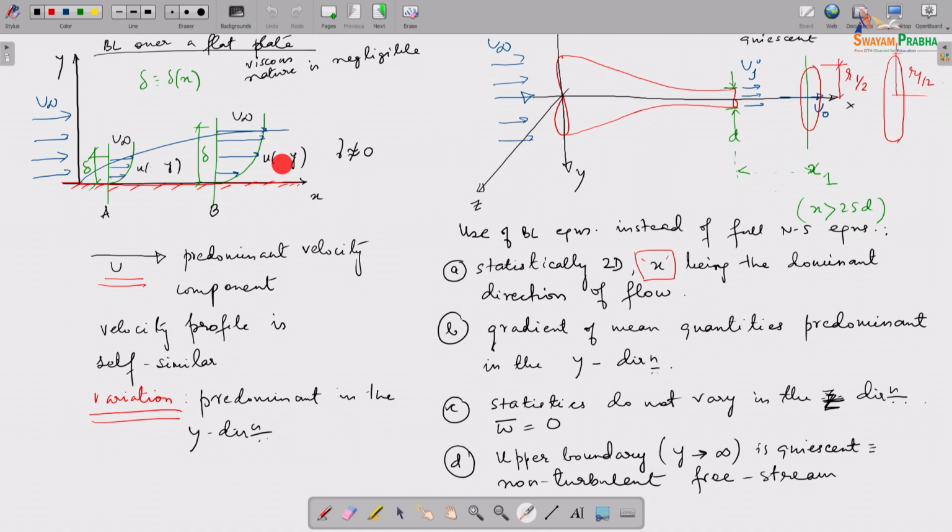So, the difference between the velocity at a location somewhere here and here. So, think about that. You can see it graphically. This is your velocity difference. Then if you take this location and take this location, then this is your velocity difference.